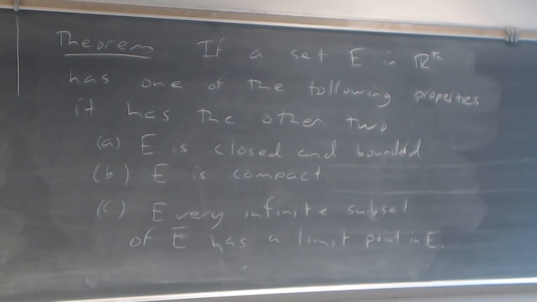We have to show that if you have one, you'll have the next one, and so forth. So we make a loop: if A is true, that forces B to be true. If B is true, that forces C to be true. And if C is true, that forces A to be true.